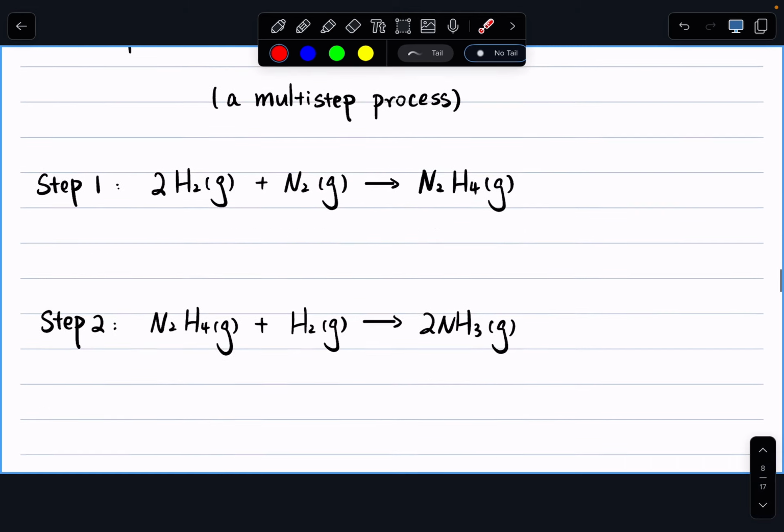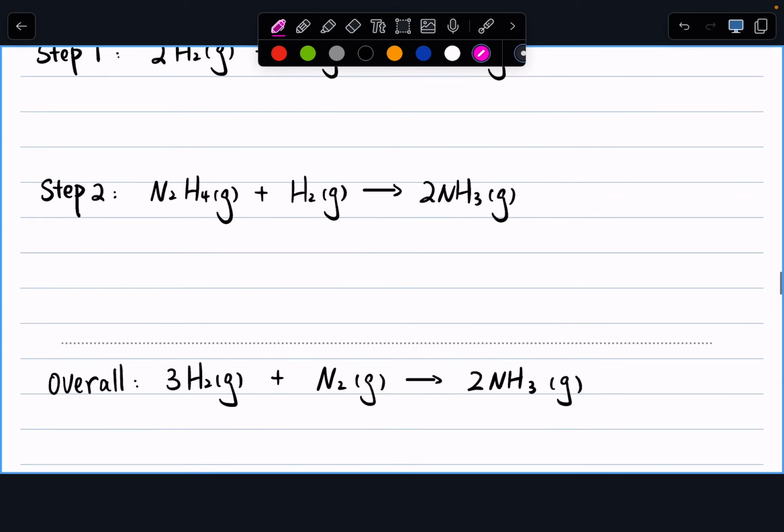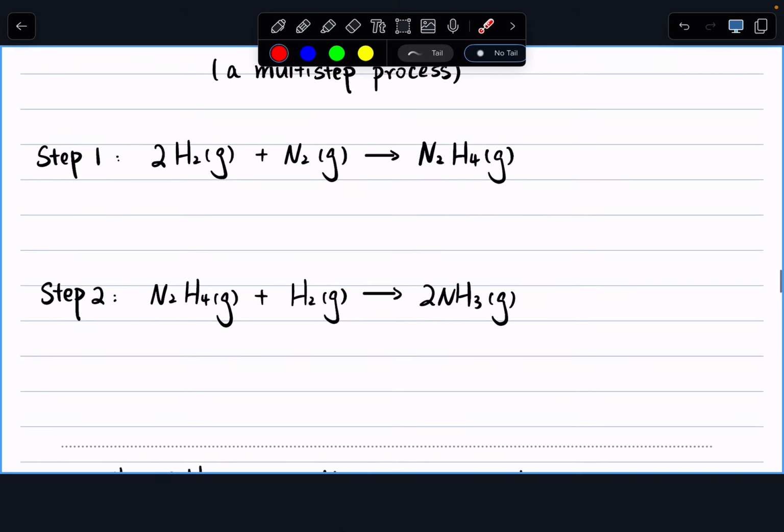If we use the Haber process as an example, it's a multi-step reaction. The overall reaction is 3 hydrogen reacting with 1 nitrogen to give you 2 NH3. But in the actual mechanism, we can break it down into 2 different steps.